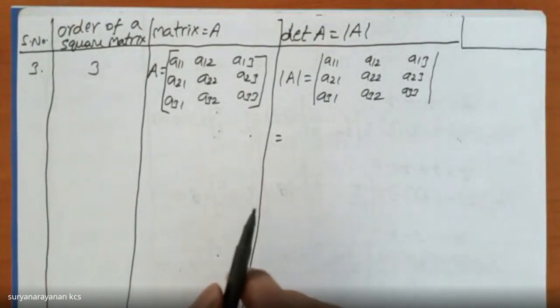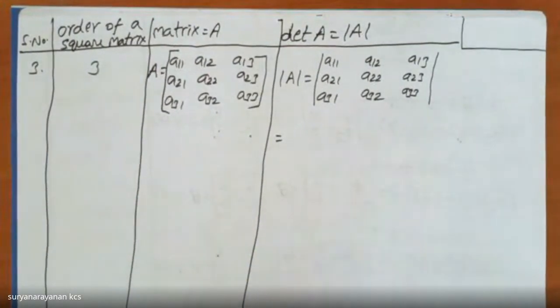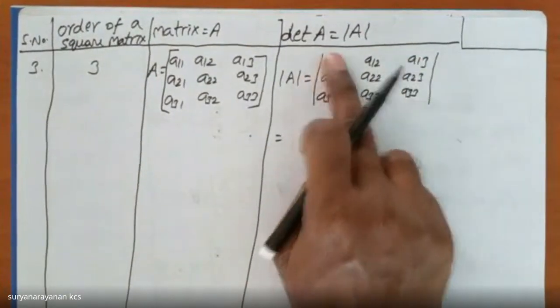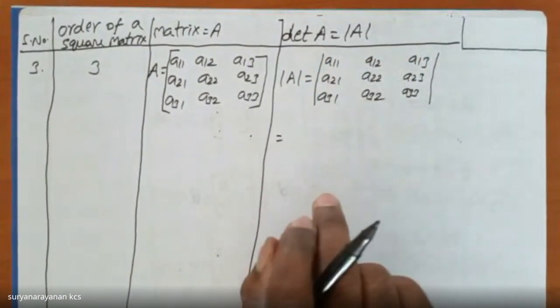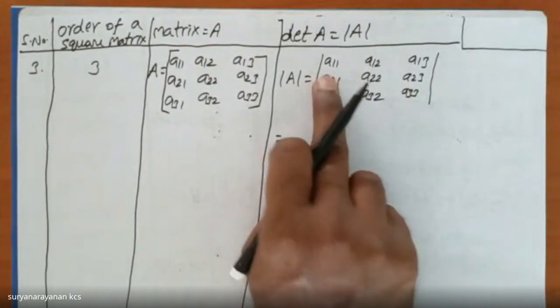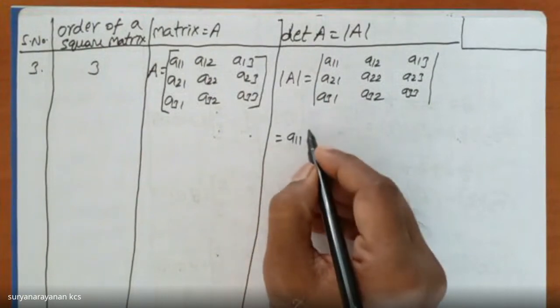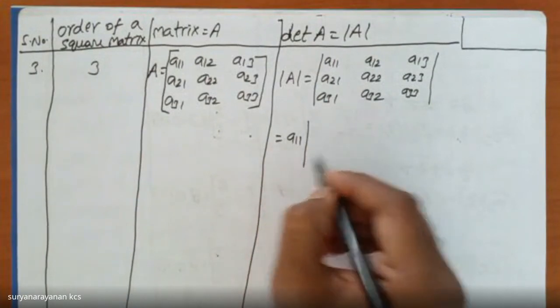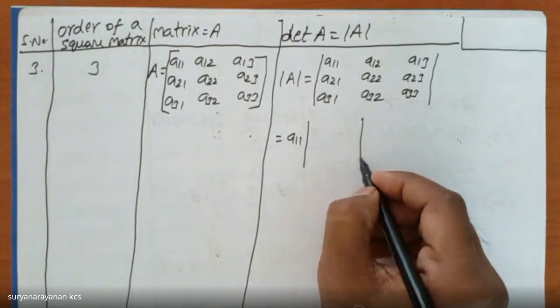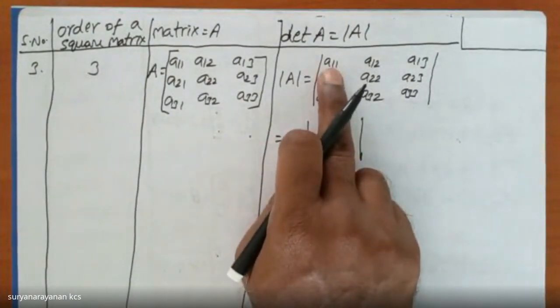Please remember these points, my dear children. Listen carefully. We can find the determinant of this square matrix with very simple logic. First write the first element, A11, and write a det bracket here. We have taken the first element in the first row.